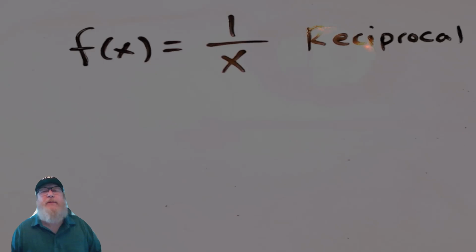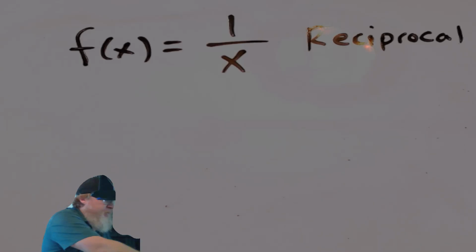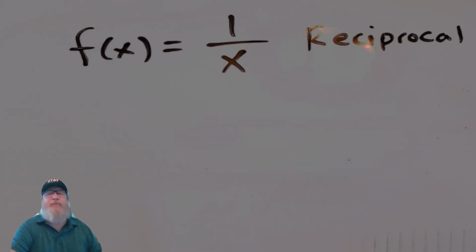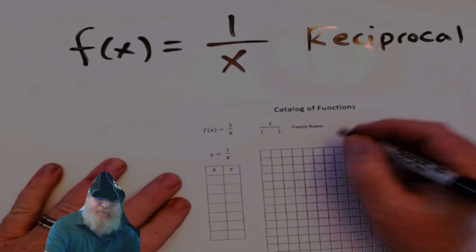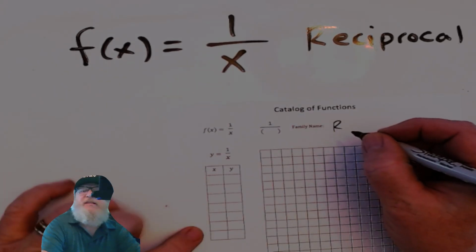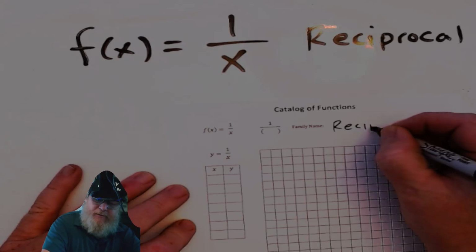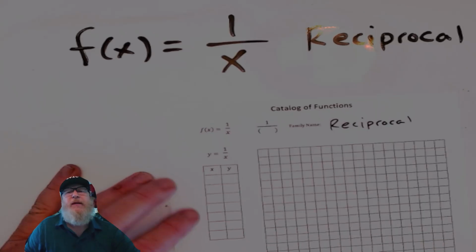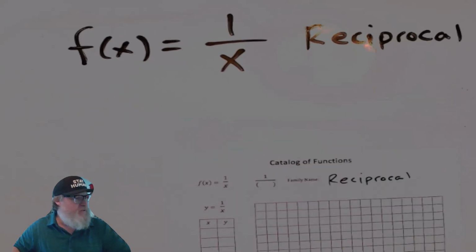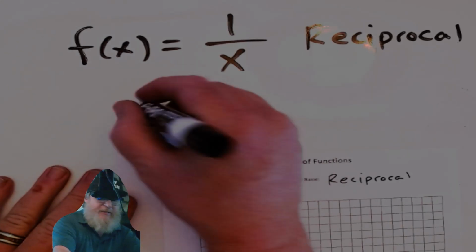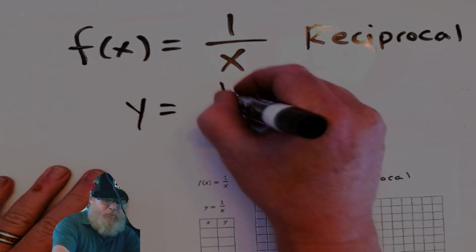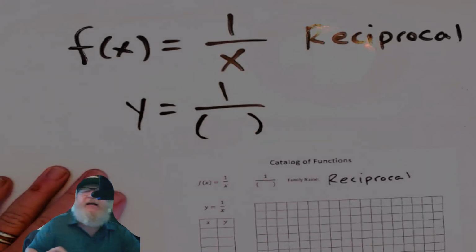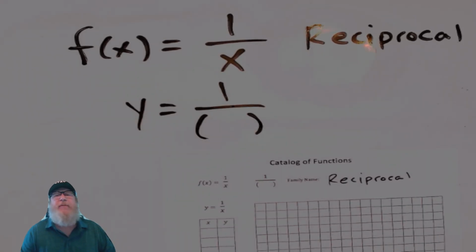All right. This one's a little weird. You'll notice that the table has 7 rows. So the key feature of a reciprocal function is that y is equal to 1 over blank, and that blank is again where you're going to put your inputs.